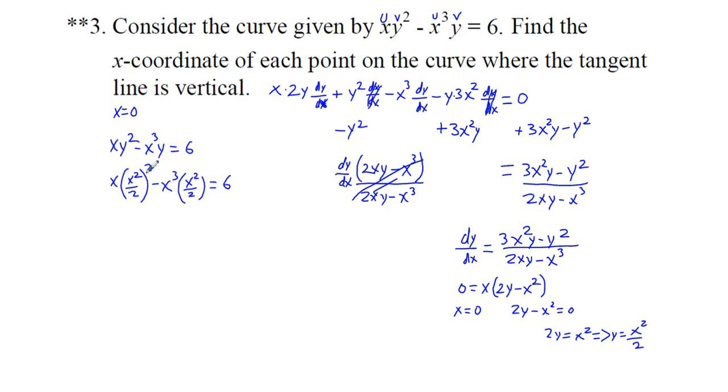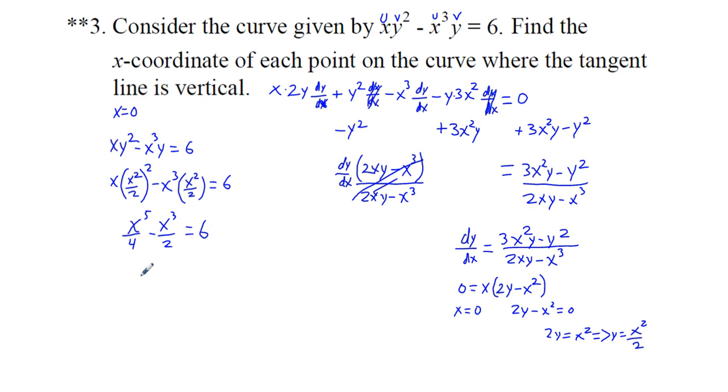And distributing here, we're going to have x squared squared times x, and that's going to be x to the 5th over 4 because 2 squared is 4, minus we have x to the 5th over 2 is equal to 6.